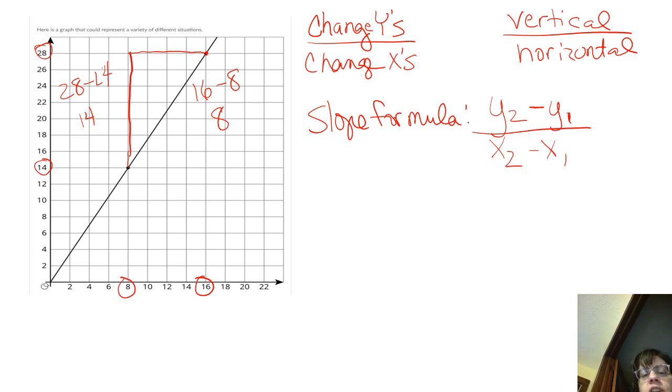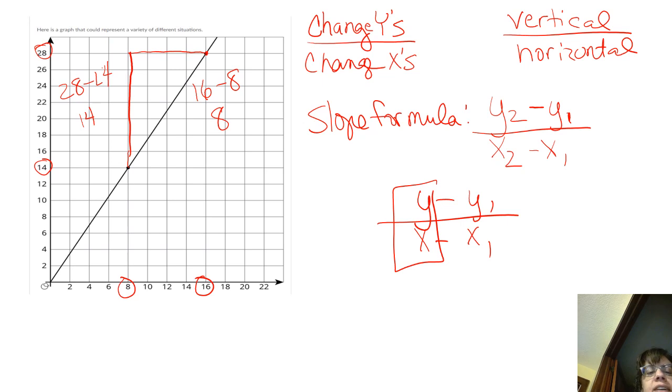Now they've been changing it a little bit. They've been showing it this way: y minus that first point, so the first y, and x minus that first x. So just y over x they've been referring to as the second one, and then you subtract that first one. Okay? But they're really the same thing.